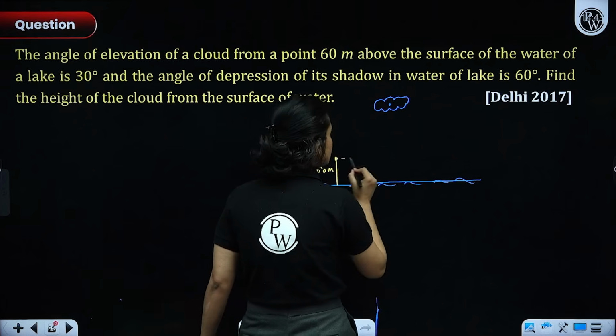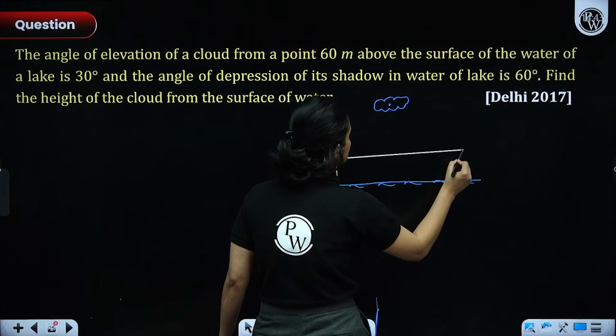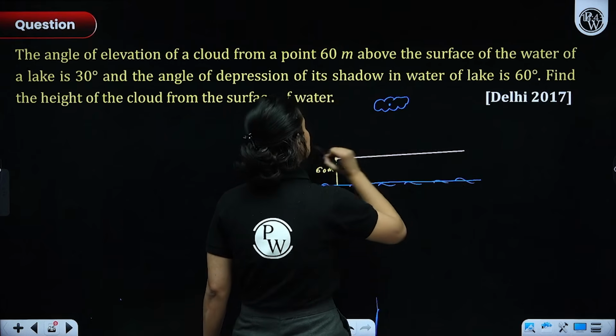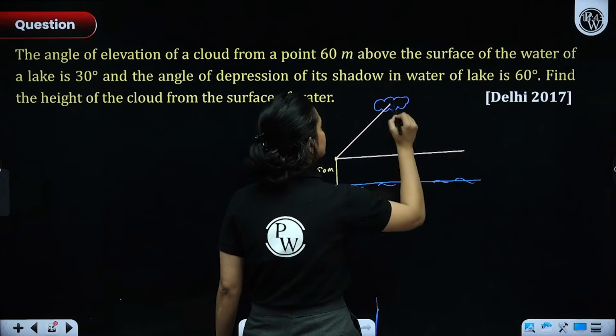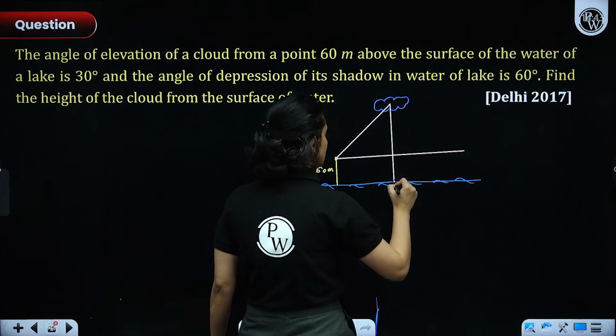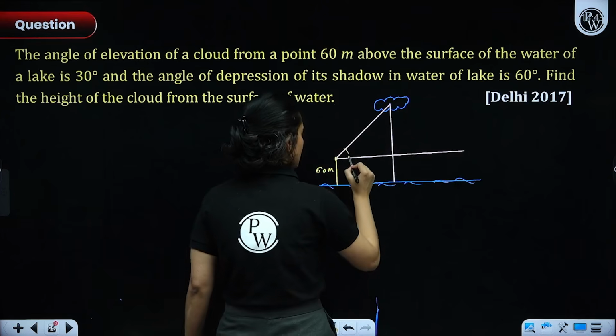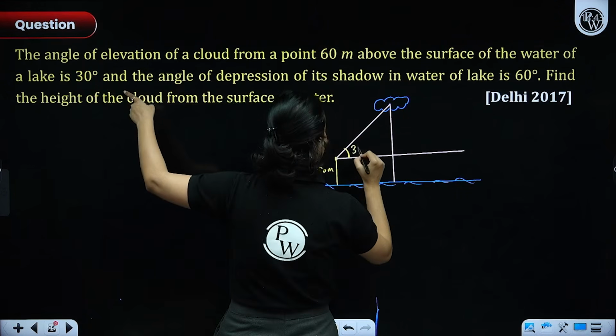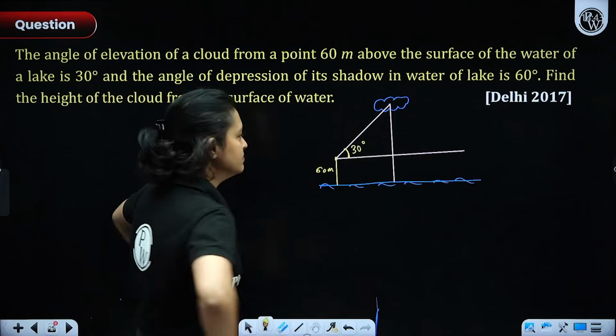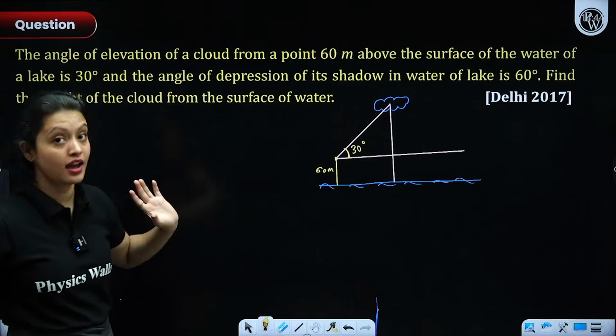You will first make the horizontal, guys. This here is the horizontal. Okay, now the line of sight is this. Okay, so what's the angle of elevation, people? The angle of elevation is this here. This is the angle of elevation. And it's given to be what? It's given to be 30 degrees. The angle of elevation is 30 degrees. Okay, this was easy, I hope.